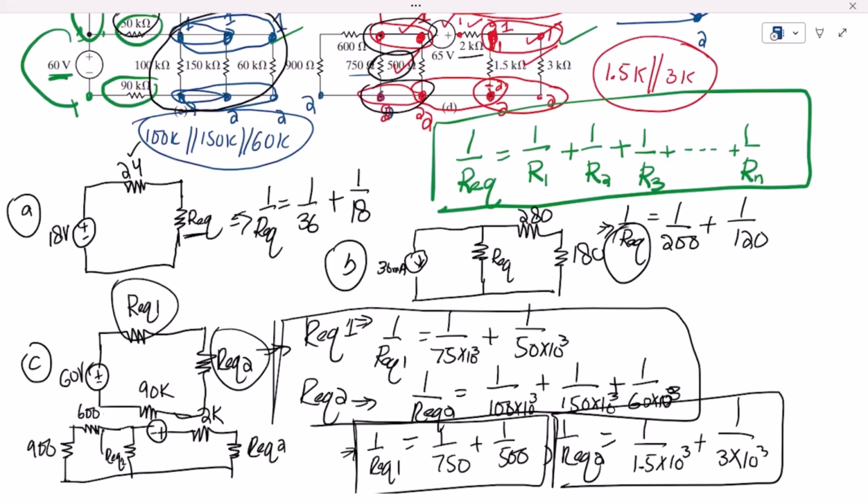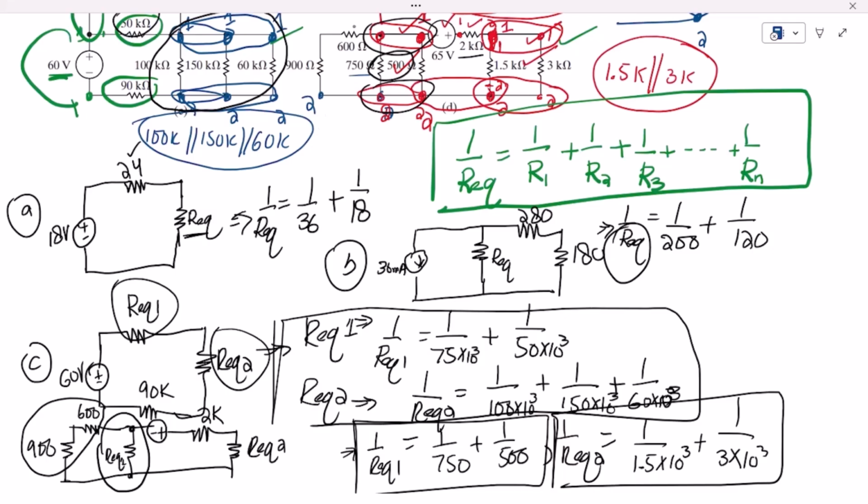One question is, why is it connected in parallel with this one, or in such a way that it looks like it is in parallel with each other? Actually, this R equivalent 2 is parallel with the combination of 600 and 900. Why have we connected it here?